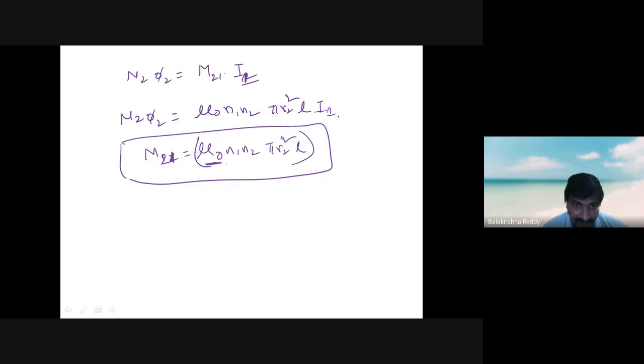In the same medium we are working, so the permeability is also the same. So from these two expressions, equation 1 equals equation 2, and I can write M12 equal to M21, which is also called M.